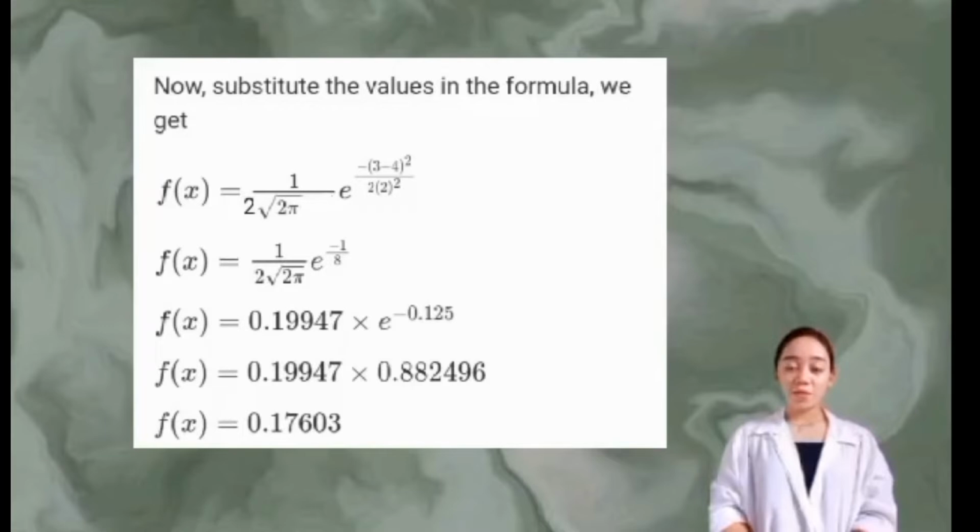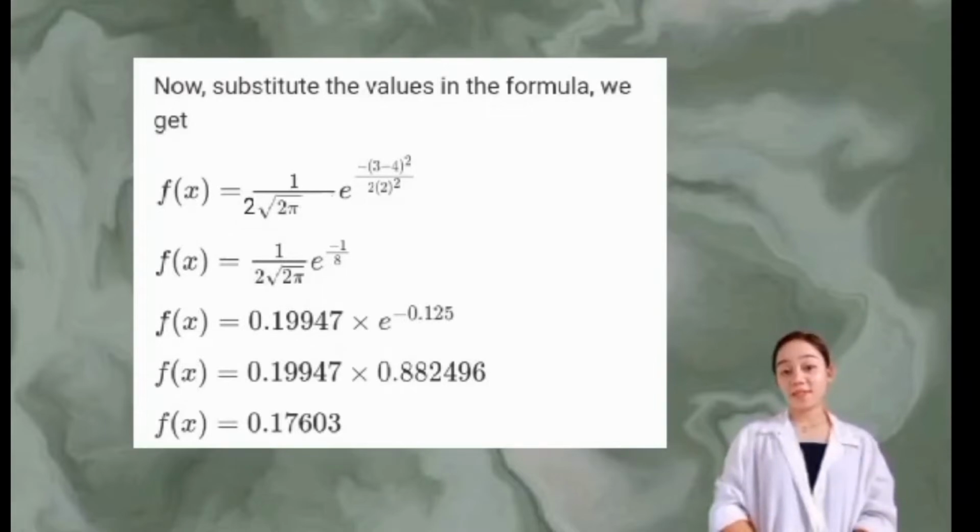So here, we can come up with f of x is equal to 1 over 2, since 2 is our standard deviation, times the square root of 2 times pi, times e to the power of negative 3, which is our random variable, minus 4, which is our mean squared, over 2 times 2, which is our standard deviation quantity squared.